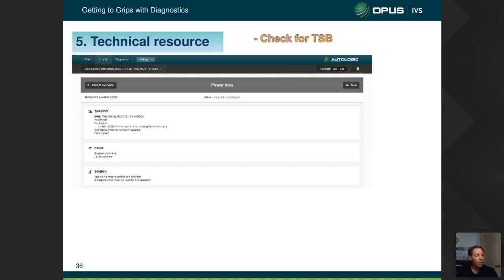So the big one from this is check for TSBs, because we might have saved the workshop quite a few hundreds of dollars and quite a few hours by simply reading that TSB and then updating the software in the ECM. And that would have fixed this vehicle. So diagnostics can be very tricky.